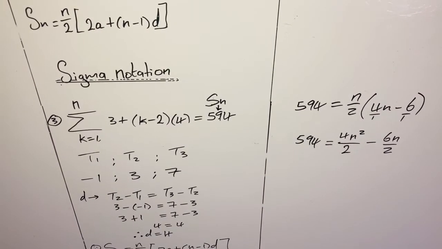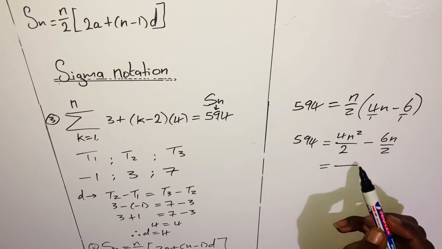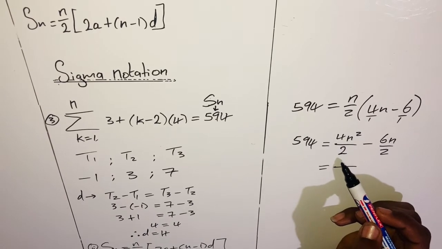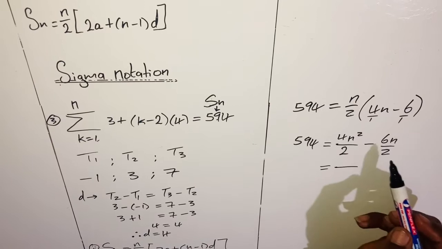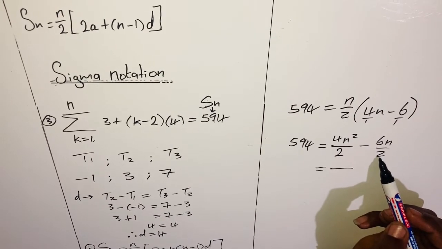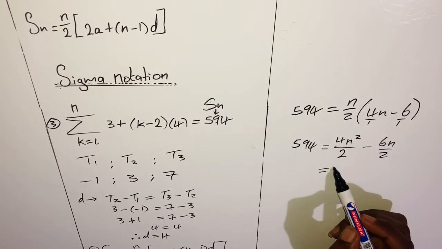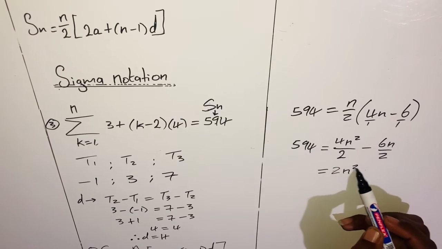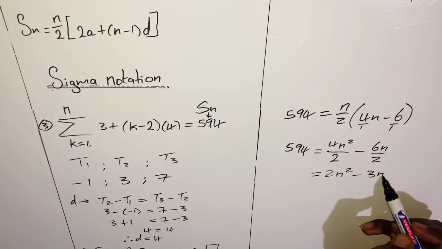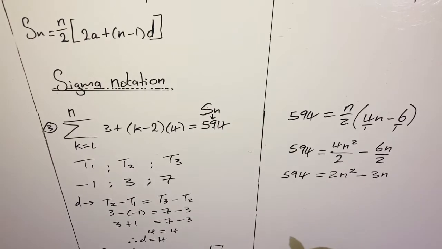Now 4 divided by 2 gives us 2n, and 6 divided by 2 gives us 3n. So for this one you get 2n squared, and for this one you get negative 3n, and this equals 594.